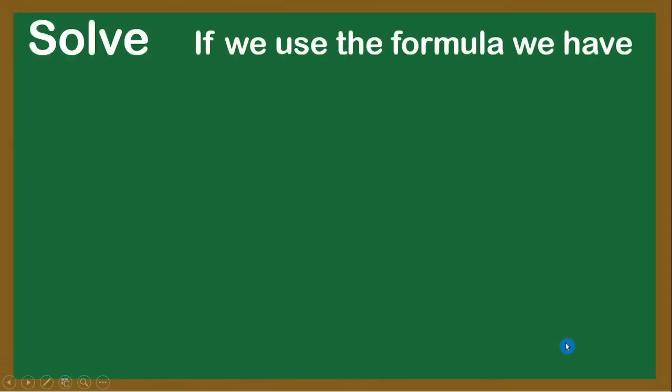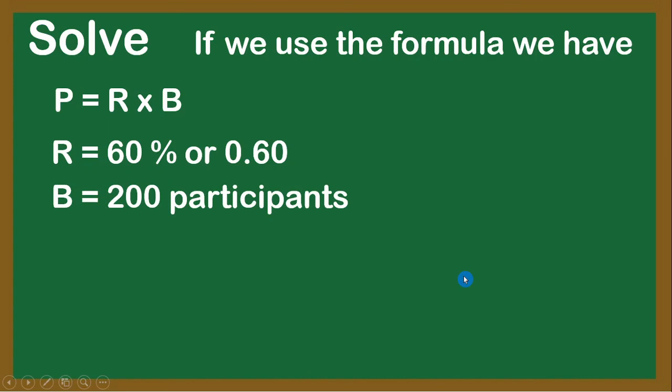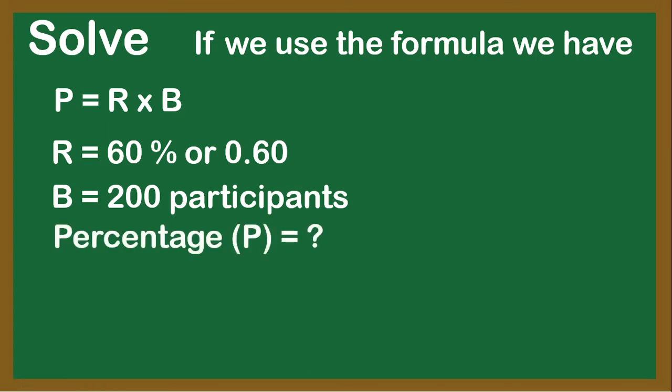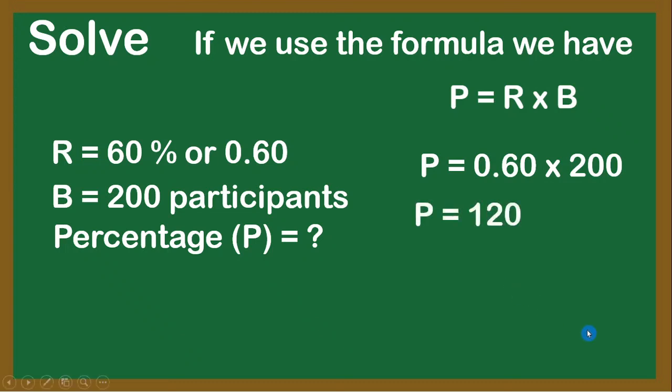Now let us solve the problem. If we're going to use the formula, we have P equals R times B, then the rate now is 60%, or in decimal form, 60 hundredths. The base is 200 participants, the percentage is the unknown, and we have P equals R times B, so P is equal to 60 hundredths times 200, then P is equal to 120.